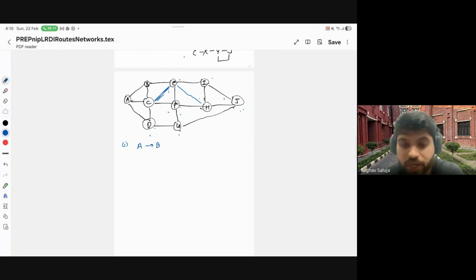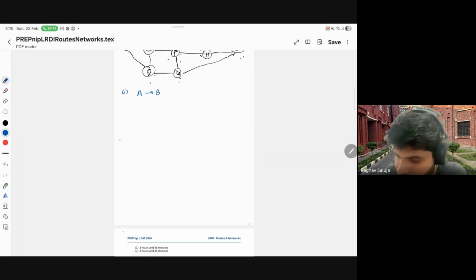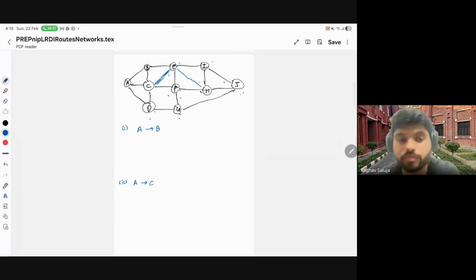You can go from A to B. First case. Let me take your second case. I can go from A to C. Again, listen. I'm sitting at A, I have to go to J. From A, I can either go to B, C or D directly.